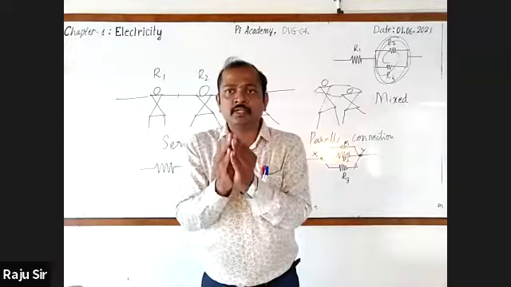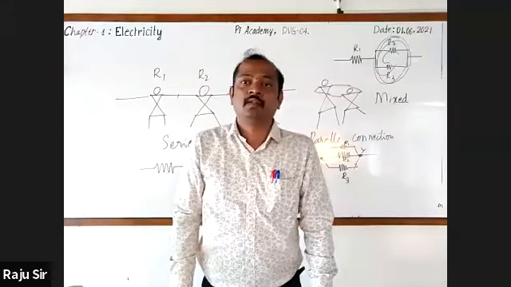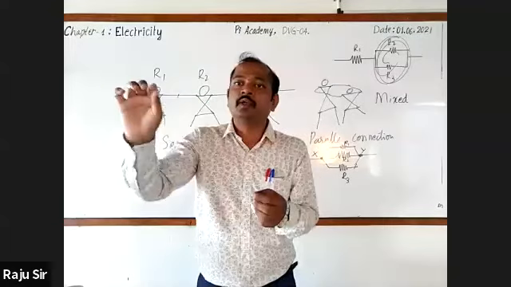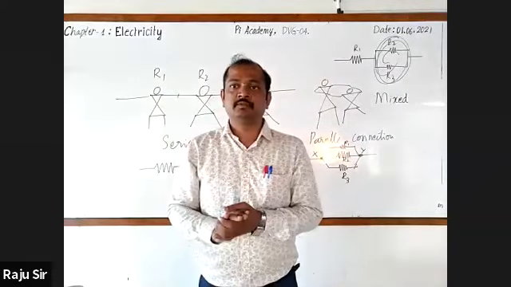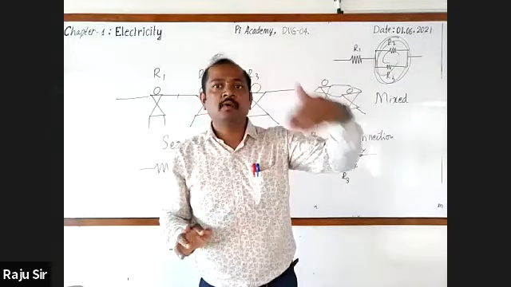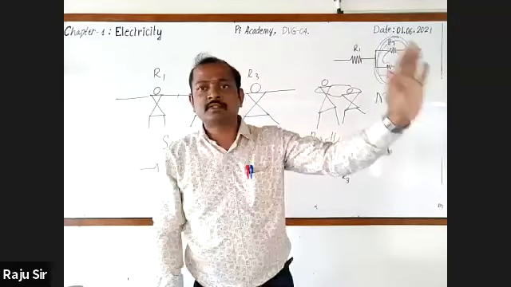The connection that is in your home is called parallel connection. When the components are connected in parallel, we can use them individually. When they are connected in series, if one gets off, all will go off. If one gets on, all will start working.